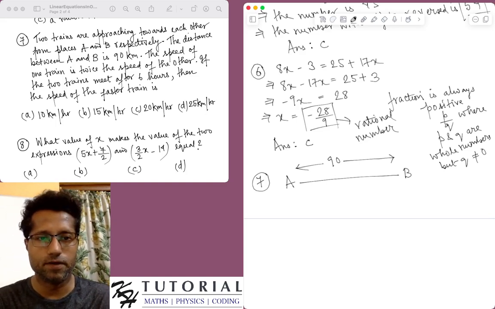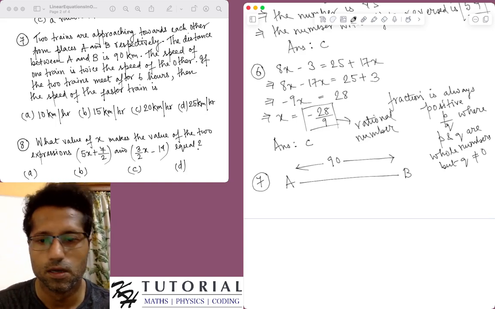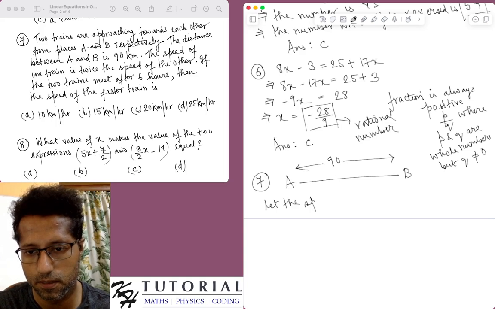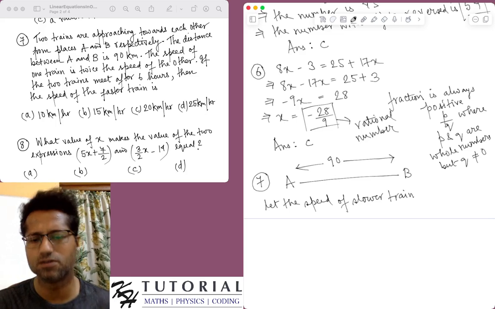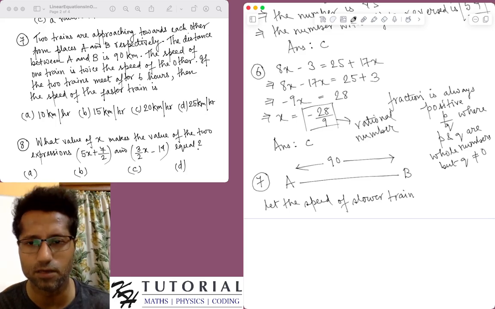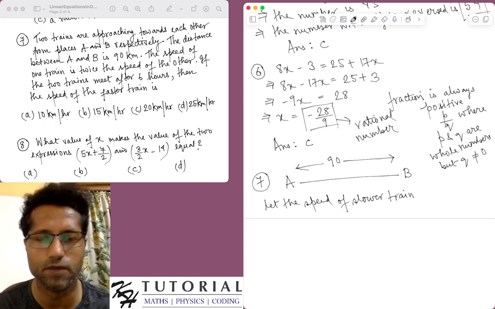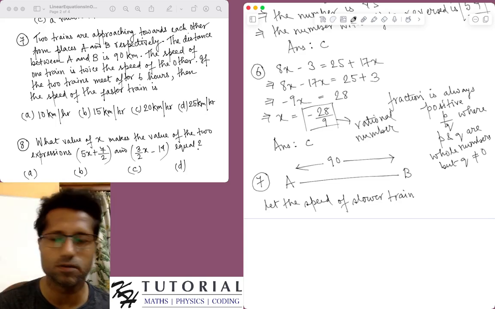So the speed of one train is twice the speed of the other. Okay. So let the speed of slower train, you can also consider the speed of the faster train, it does not matter, the equation will be a little different, but otherwise you can assume the unknown quantity, the variable, to be either the speed of the slower train or the faster train.